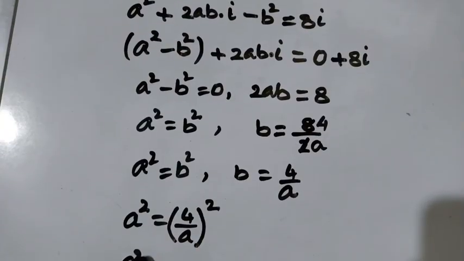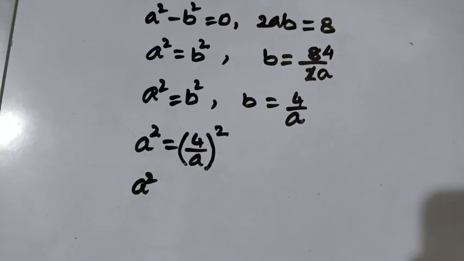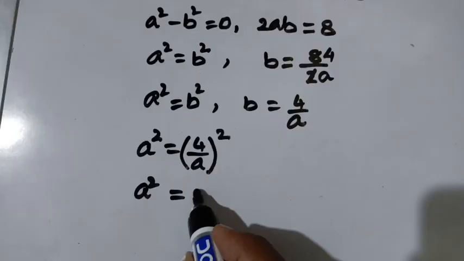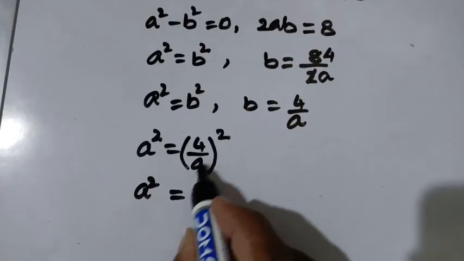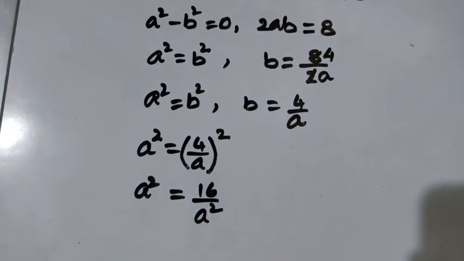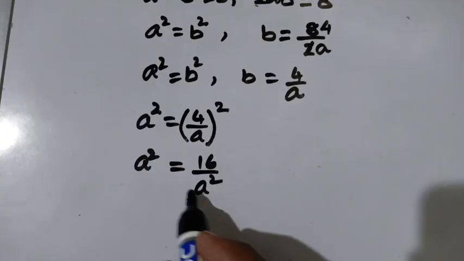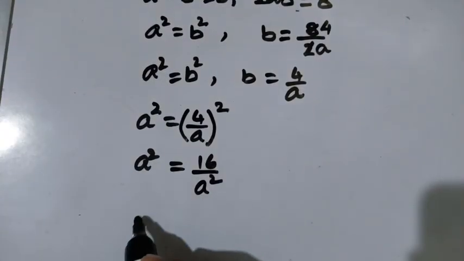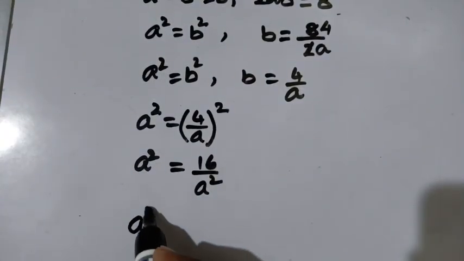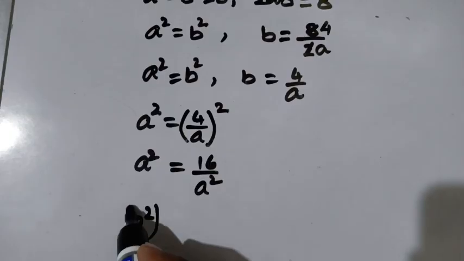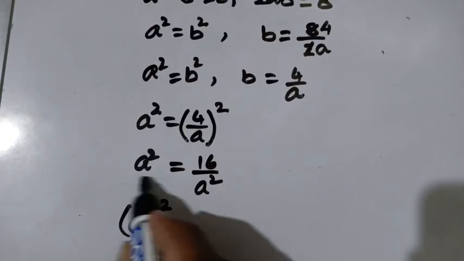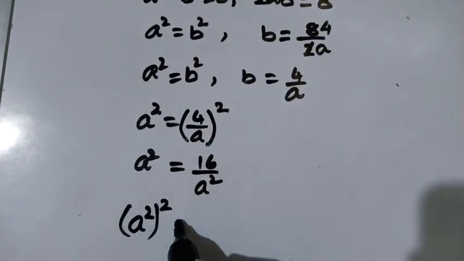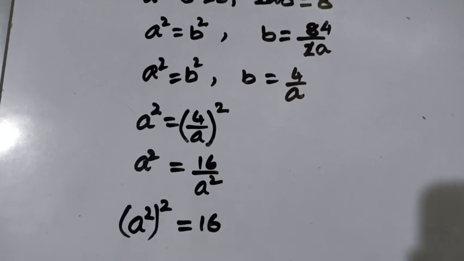So a square is equal to 4 square, which is 16, by a square. And next, upon cross multiplication, a square into a square becomes (a square) whole square by 1. Here 1 into 16 is 16.